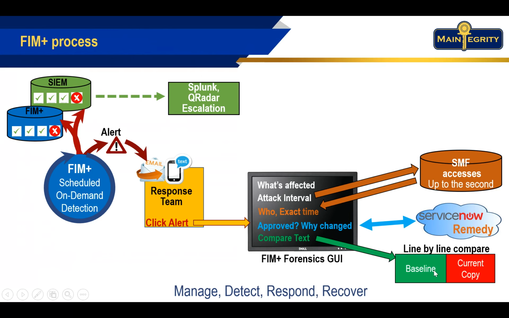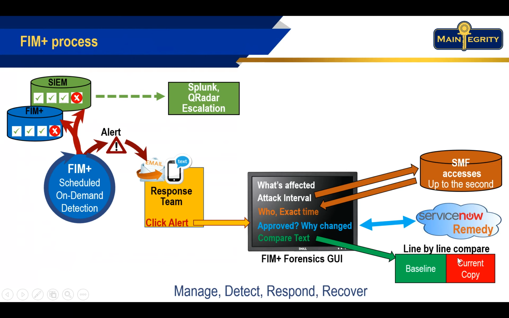If we're looking at a text member, like a parameter list or addresses in your TCP/IP environment or JCL members or other things that affect the production running of your system, you simply click on the desired item and we compare on the screen in front of your eyes the difference between a baseline and the current copy.